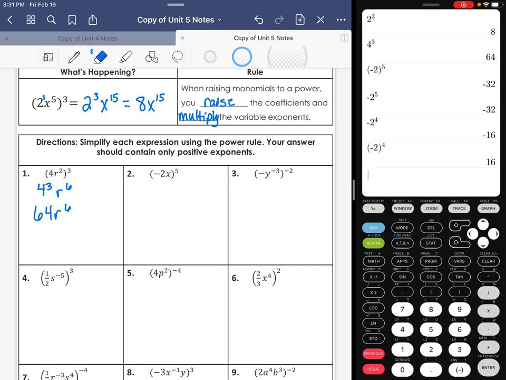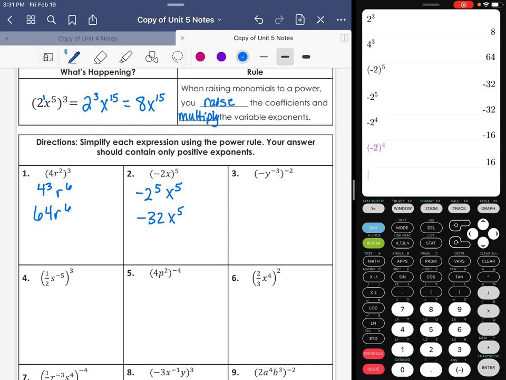And it's why you will always see me put negatives in parentheses when I put them in my calculator. So negative 2 to the 5th power and x to the 5th power are what we're talking about. And negative 2 to the 5th power is negative 32. X to the 5th power is just x to the 5th power. No negative exponent, nothing needs to move.